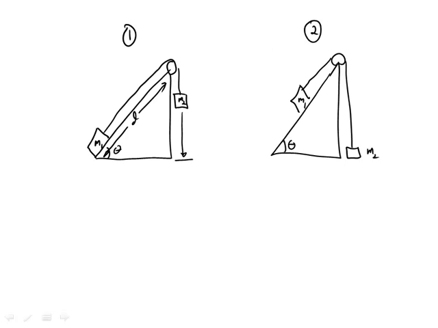Well, here's the deal. I have 2 masses. So when I look at the energy bar graph, I'm going to have a kinetic energy for mass number 1 and a kinetic energy for mass number 2. Now initially these are both 0. I'm going to have a potential energy for mass number 1 and a potential energy for mass number 2. And I can see that M1, let's put my datum right here at the bottom.